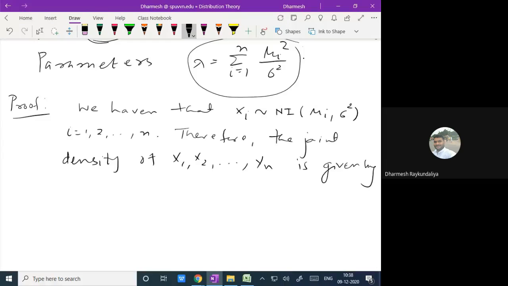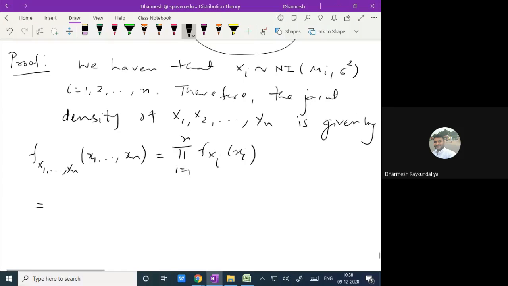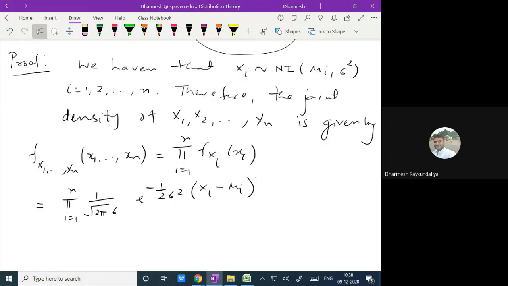I am not writing the 1 upon root 2 pi sigma for now. The joint density f of x1, x2, ..., xn is the product of n independent random variables, f of xi. But we know that xi has the normal distribution, so it is the product, i running from 1 to n, of 1 upon root 2 pi sigma e raised to minus 1 by 2 sigma square times xi minus mu i whole square.